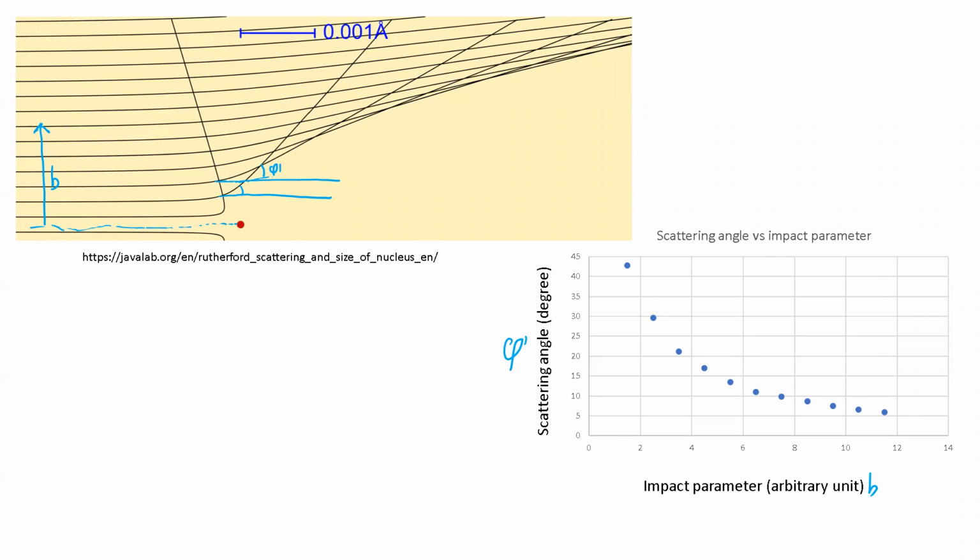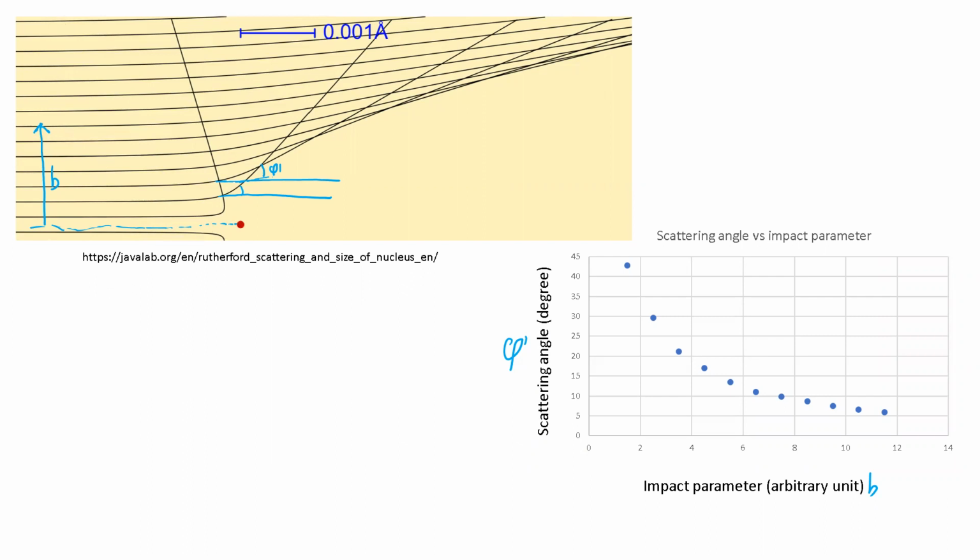And as you go up, the scattering angle gets smaller and smaller. So you could imagine that if the impact parameter tends to infinity, you should have zero scattering angle, right? Because essentially there's no interaction between your incoming particle and the scattering center. So it won't be scattered at all.